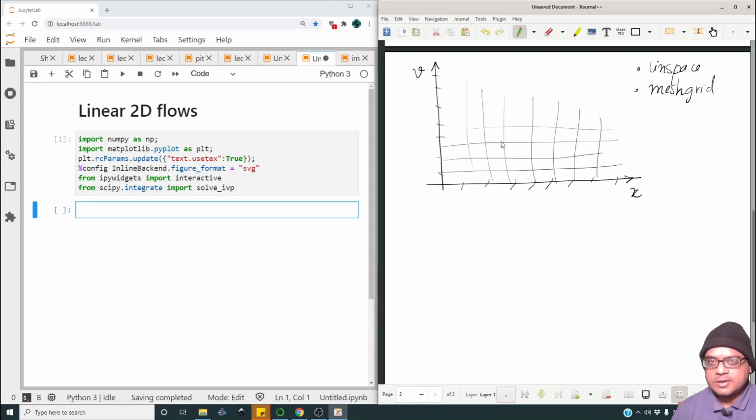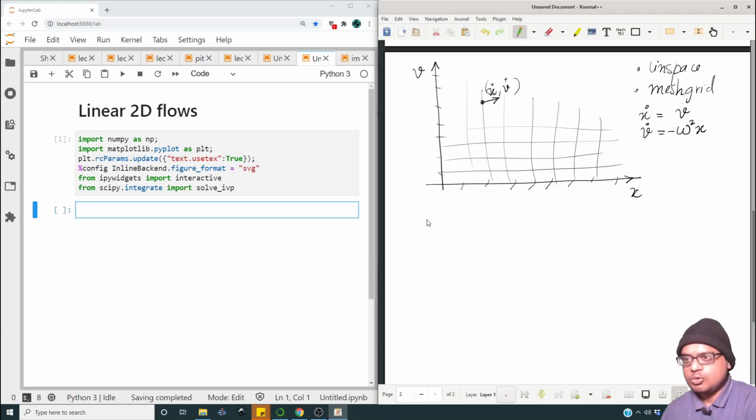Once we have that, for all the points in the xv plane, we will see how x dot and v dot look. So x dot and v dot are like the x velocity and the y velocity for this particular 2D plot. If you recall, x dot will be equal to v and v dot will be minus omega squared x. So we would like to see how the vectors point at each point in the domain. So let us do that.